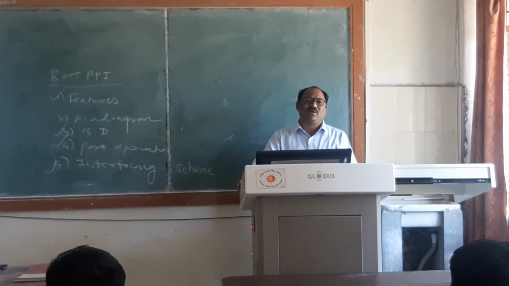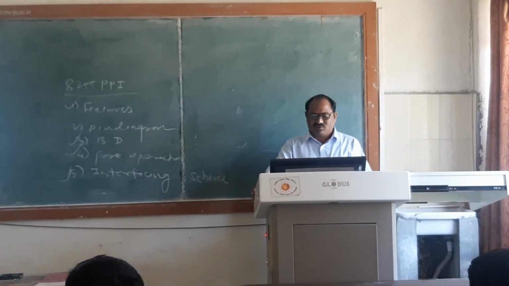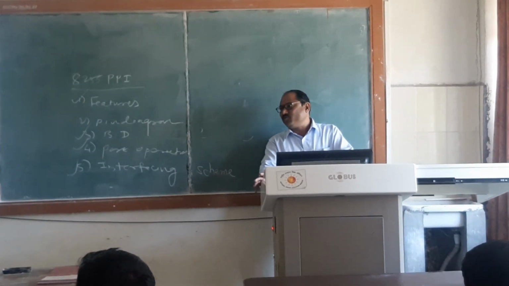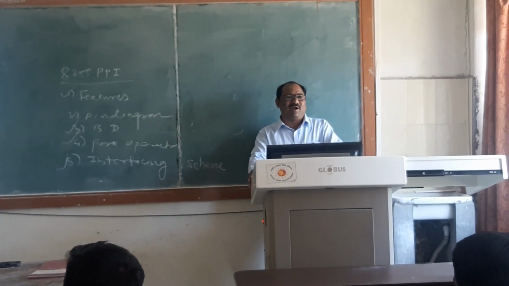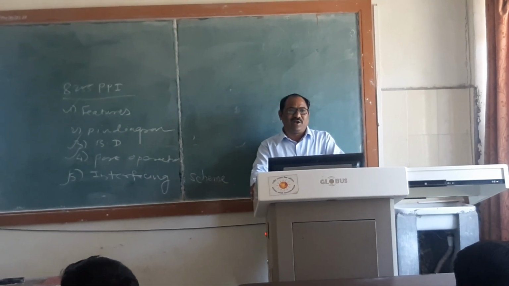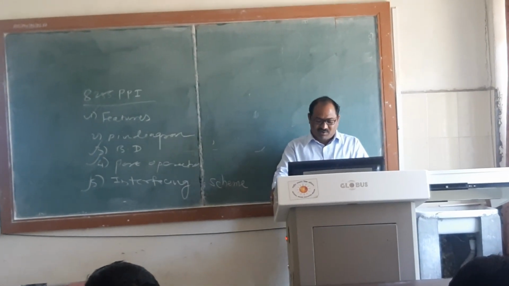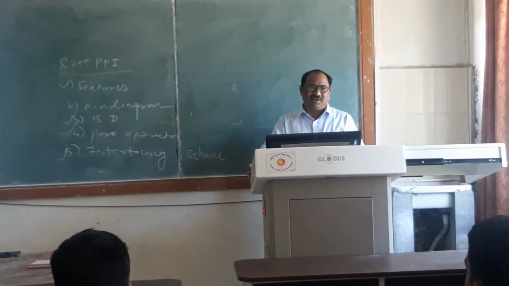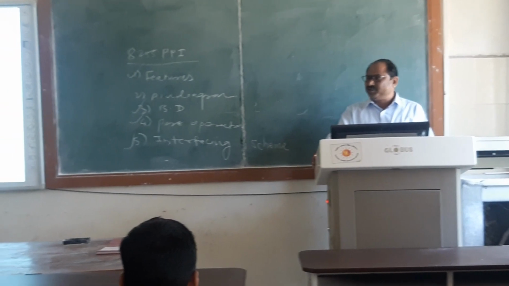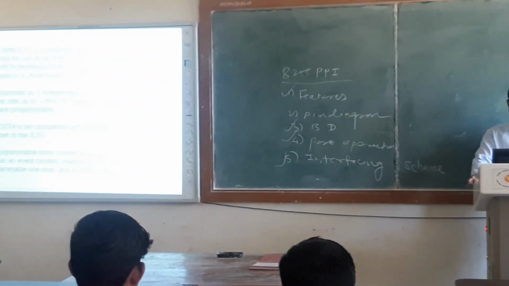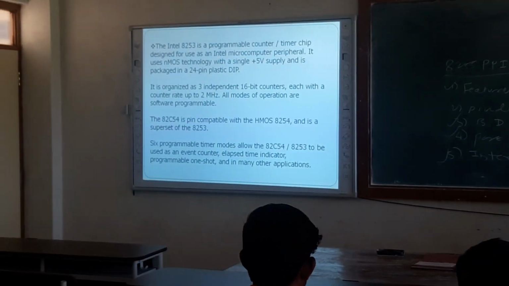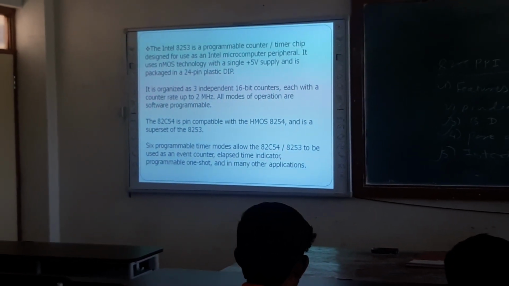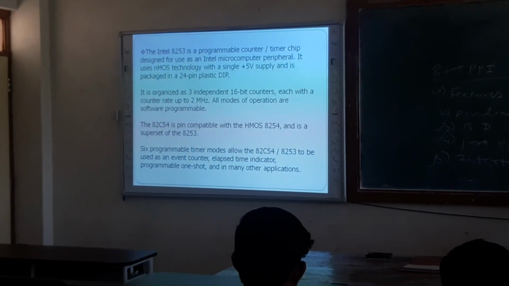What are the features of both the 8253 and 8254? The first feature is that both the 8253 and 8254 consist of 3 independent 16-bit counters, and all of them operate on DC. The frequencies we have discussed: the maximum frequency for the 8254 is 10 megahertz, and for the 8253 it is 2.6 megahertz.